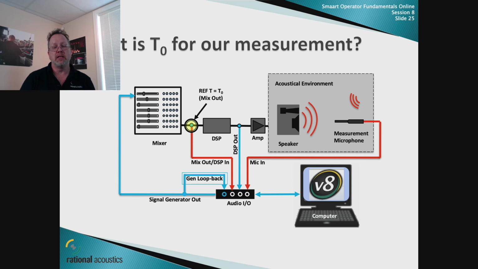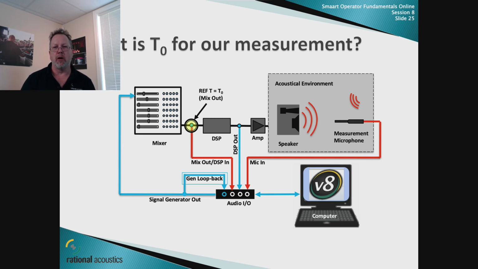So if we want to measure latency, we want to grab the signal before it goes through the system. If I wanted to measure the latency through the console, say on insert paths or whatever, I'm going to grab the signal before it went into the console and then compare it to the signal coming out, and I could tell you how long it took to go through that system.